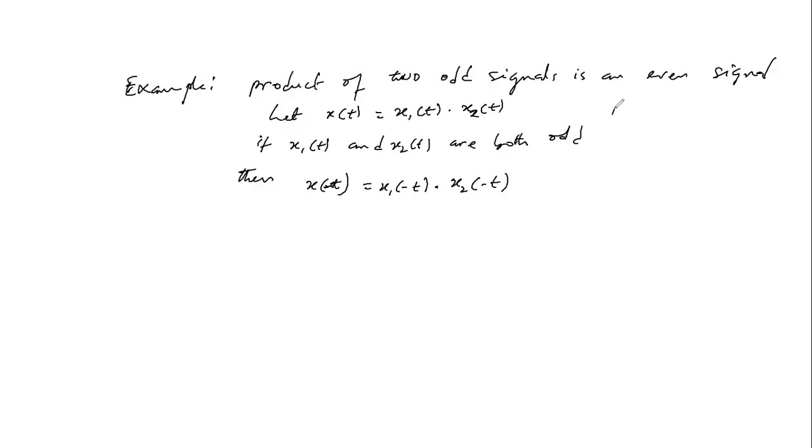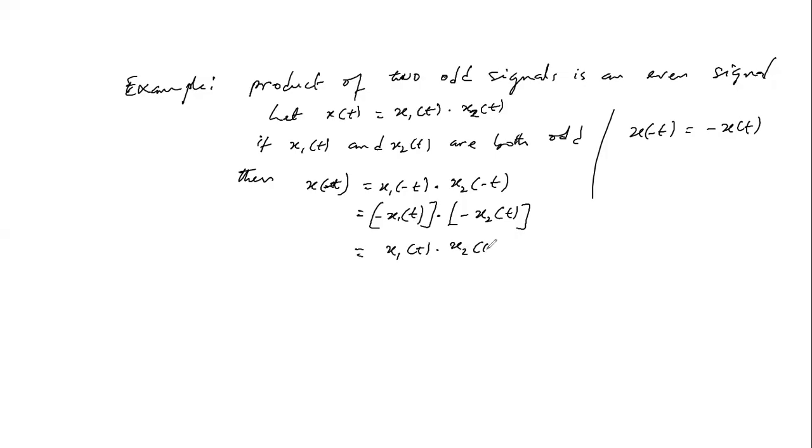Now recall that for an odd signal, S of minus t is the same as minus S of t, right? So this is going to give us the product of minus S1 of t and minus S2 of t. Minus times minus is going to give us plus, so this is S1 of t dot S2 of t, which is the same as the original signal, S of t. So hence, S of t is even.